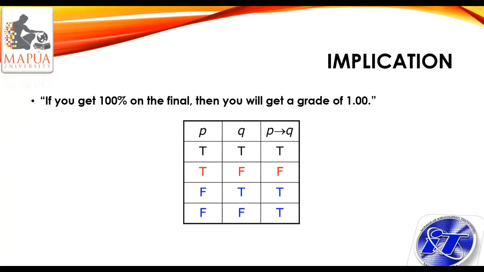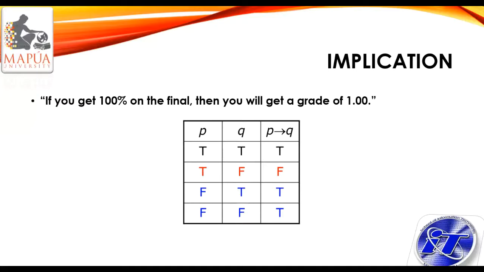While if P is false and Q is true, the statement is true because the result happened, even though the student did not meet the requirement. Even if the student didn't get 100%, the professor gave him a grade of 1. So the consequence happened.